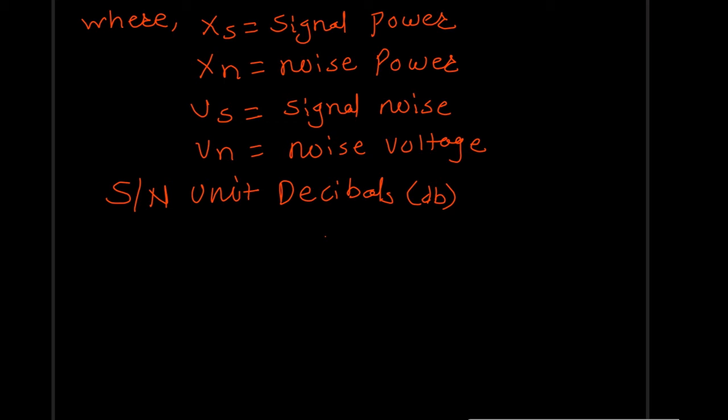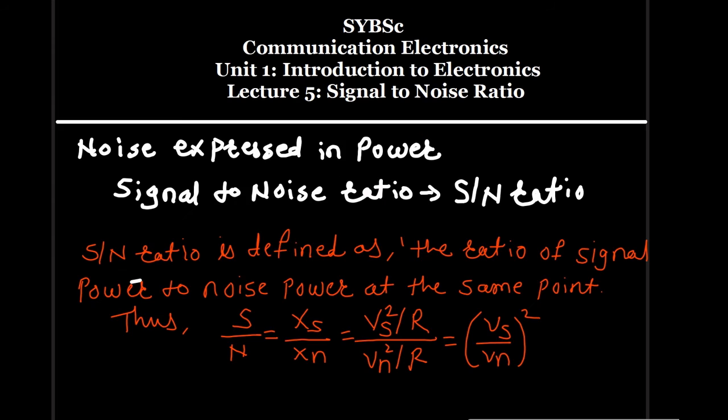If a receiver has an input signal power given and noise power given, we can calculate it by using the formula, which we have written in this format. So this is the formula for signal to noise ratio.